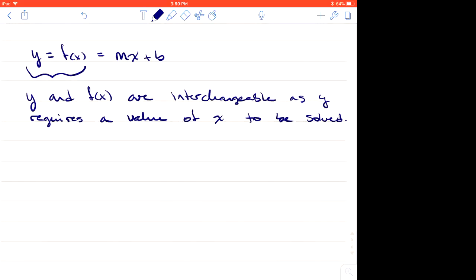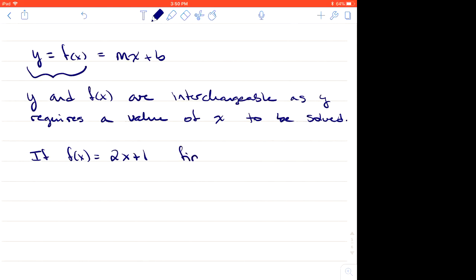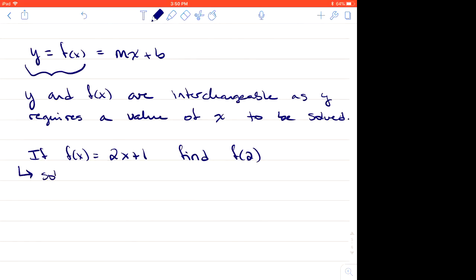So if I say if f of x is, let's use 2x plus 1 again, find f of 2. Really, what I'm saying is solve 2x plus 1 when x is equal to 2.